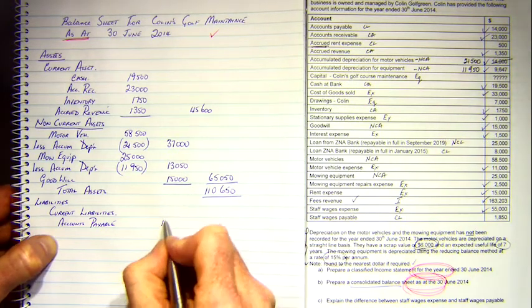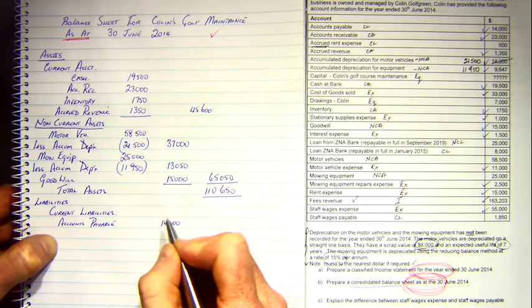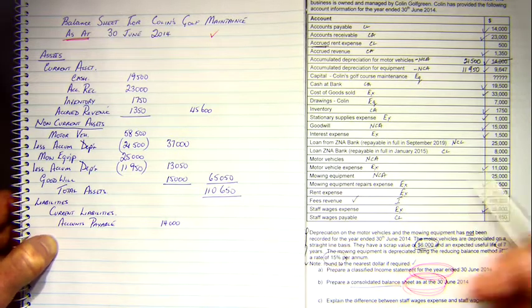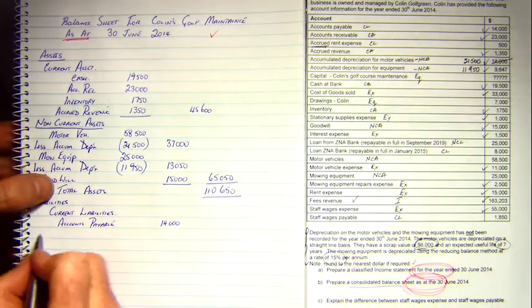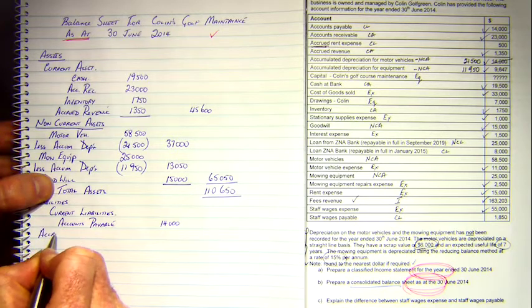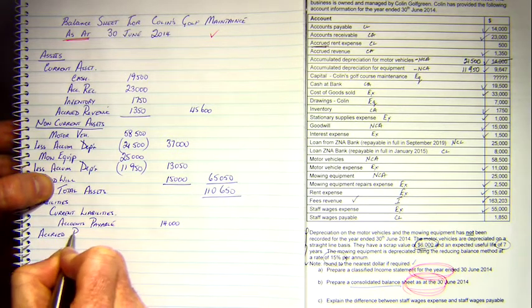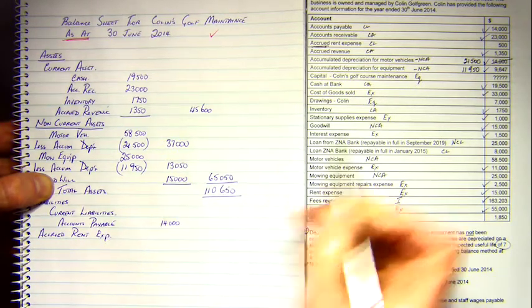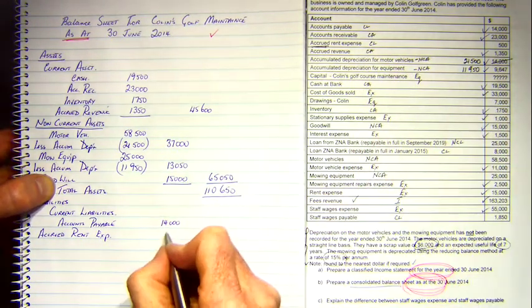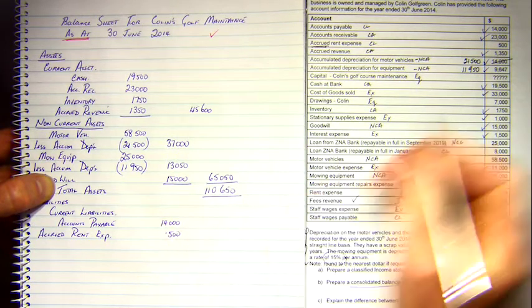And my accounts payable is 14,000. Next one, accrued rent expense. $500.